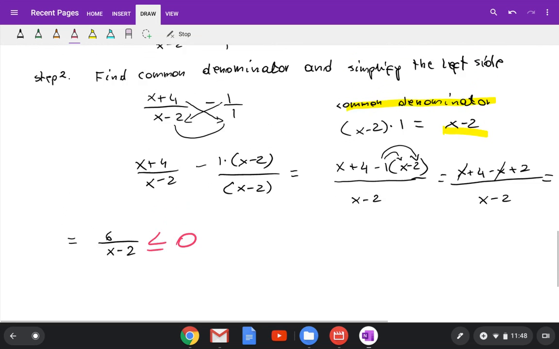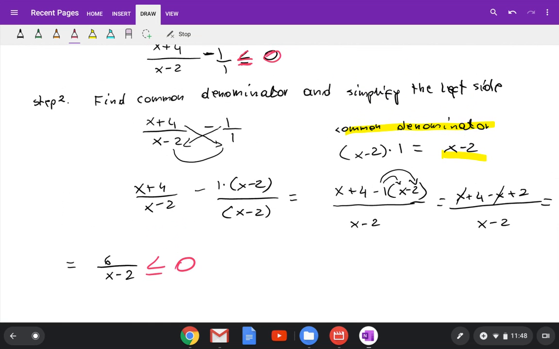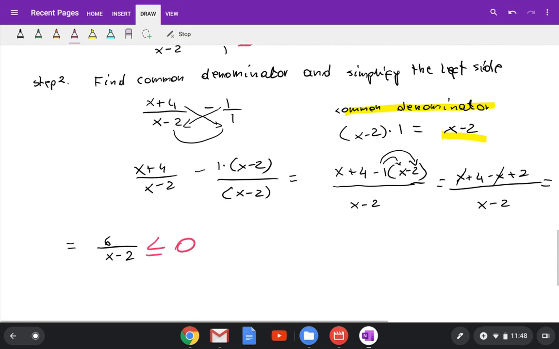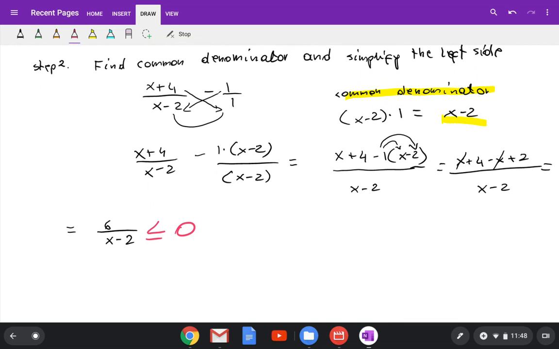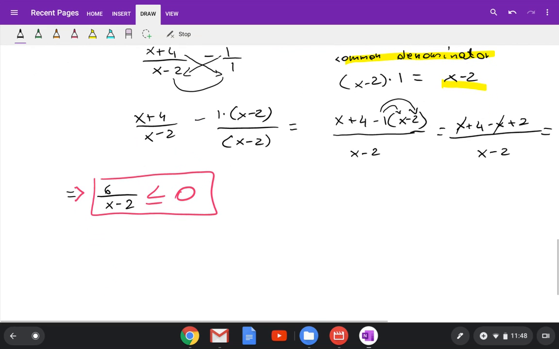So since we found the common denominator and simplified the left side, that's the inequality with which you work. And we're going to move on to step 3. Step 3, find the x-intercept.